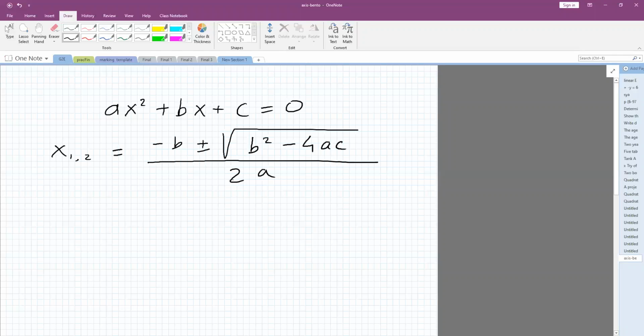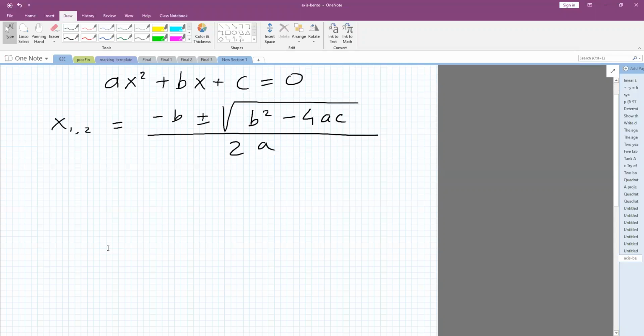So basically, this tells us how to solve a quadratic equation. Let me give you an example here: x squared minus 3x plus 2 equal to 0. Now we are going to solve this one.